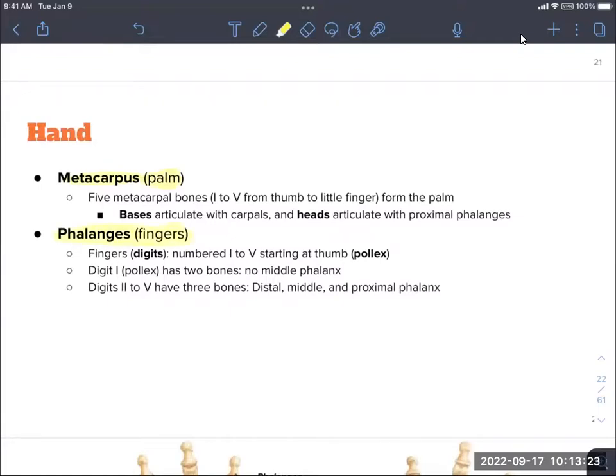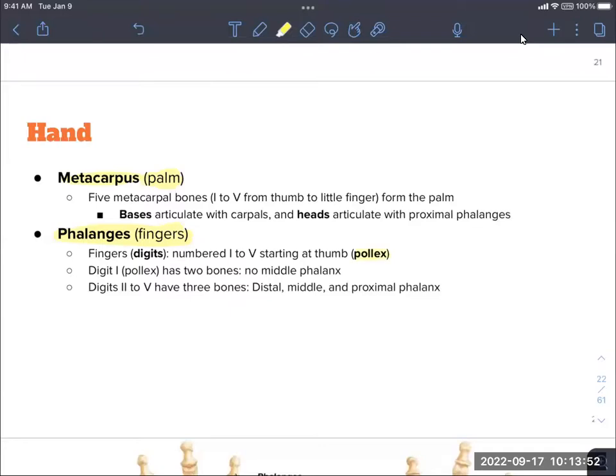Your phalanges are technically named 1, 2, 3, 4, 5, except your thumb has that name of pollex that we learned in chapter 1. But your thumb is technically 1, your pointer finger is 2, middle finger is 3, ring finger is 4, and your pinky finger is 5. That's how they are normally named.